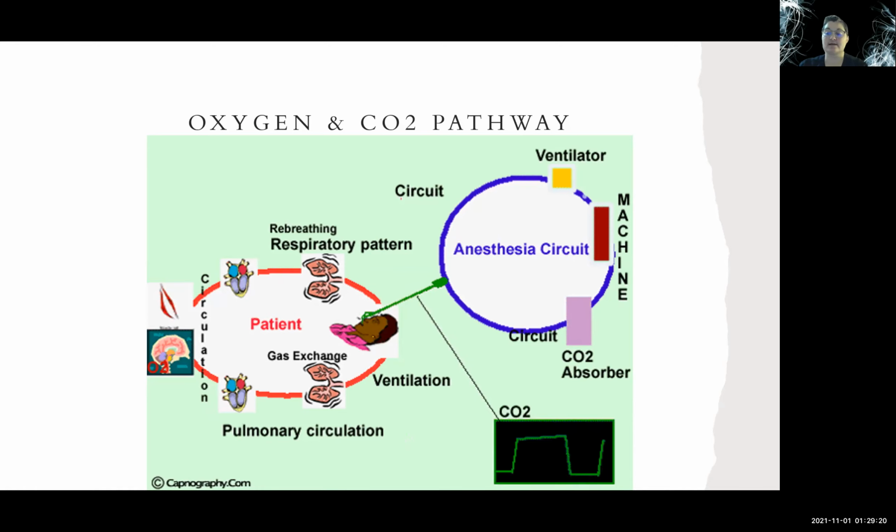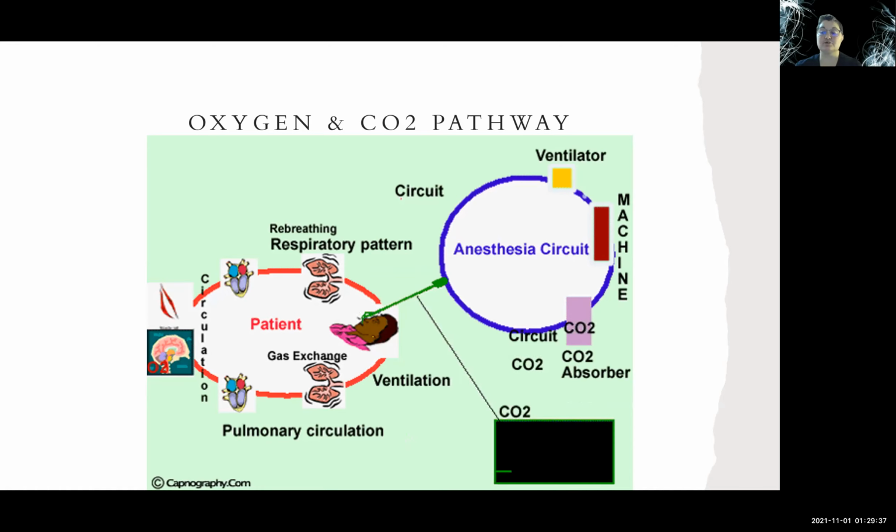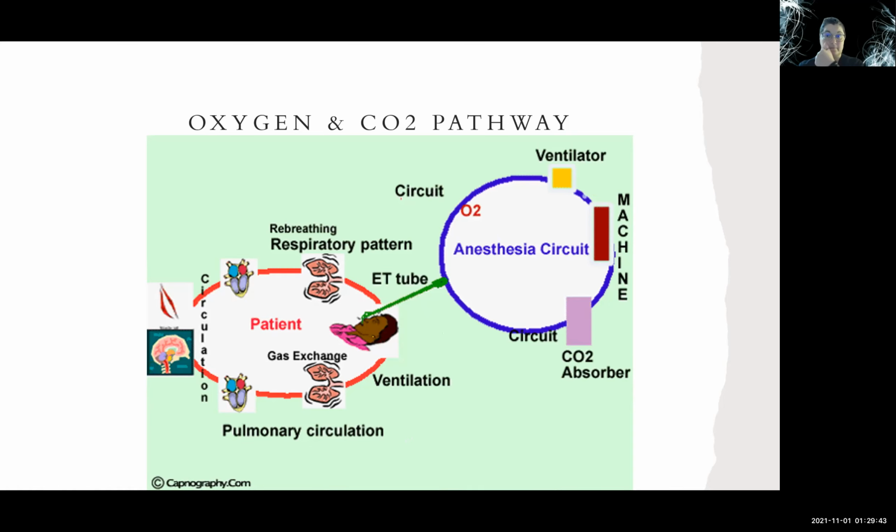As the gases are exhaled, they're going to pass the capnometer. This is the device that is going to read and measure the end-tidal CO2. Those exhaled gases will also be eliminated by the scavenger system, or some of them will go through the CO2 absorber.